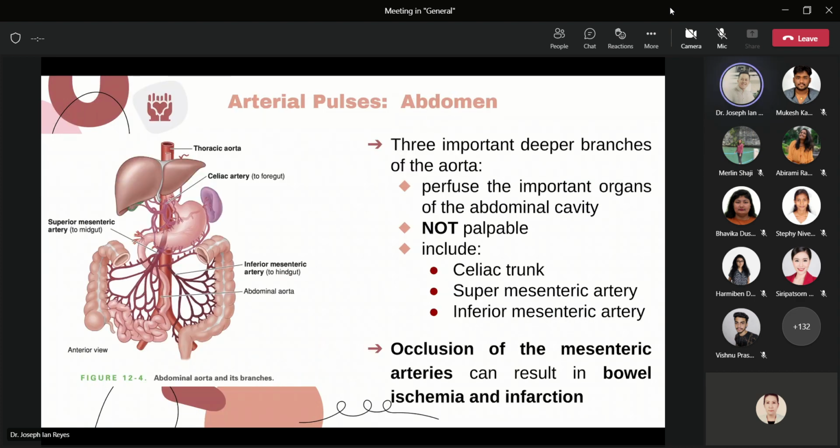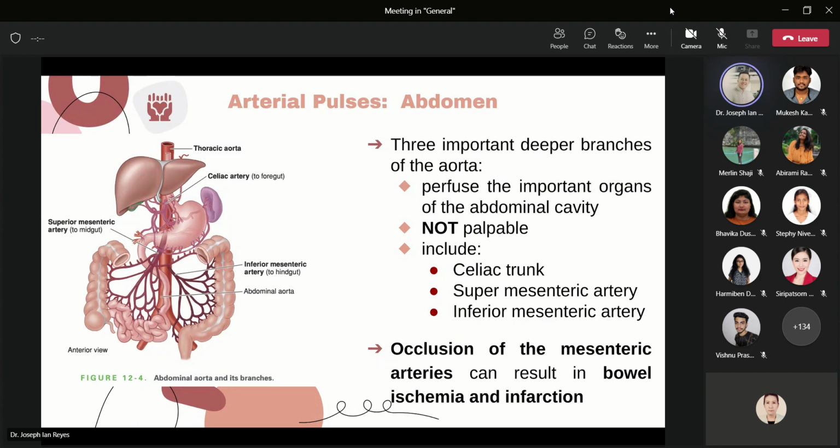I'm sorry I wasn't able to include this, but for your celiac trunk, the foregut, right? What organs are there? Stomach, liver, spleen, pancreas, upper part. Very good. So you have your esophagus, your stomach, and in the lower part, your proximal duodenum included.